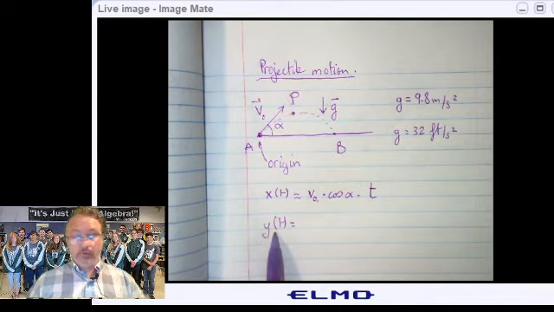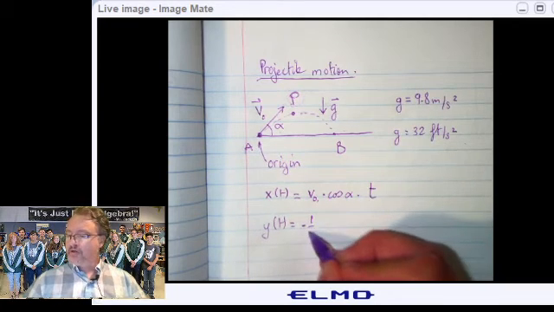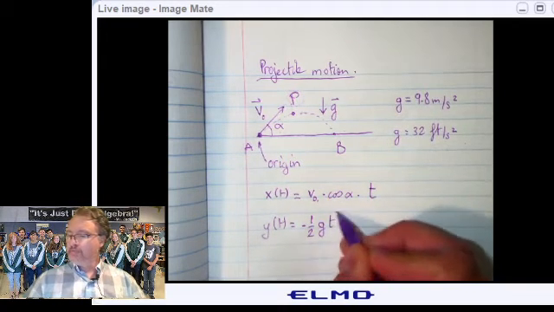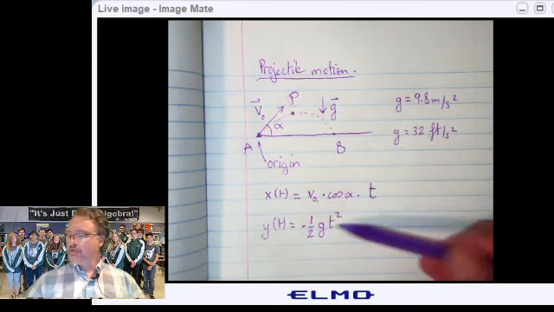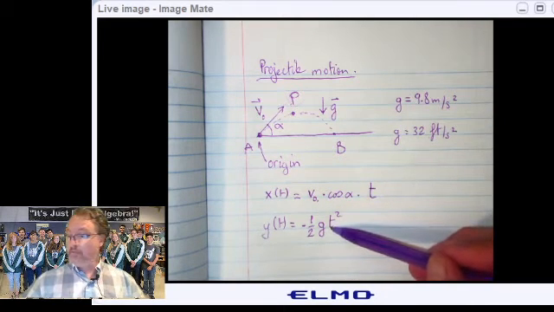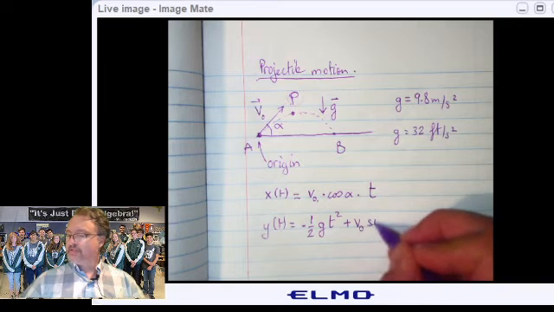As for the y coordinate, it's going to be negative half of g t squared, g being either this or this, and t being the time measured in seconds. Okay, plus v sub 0 sine alpha t.